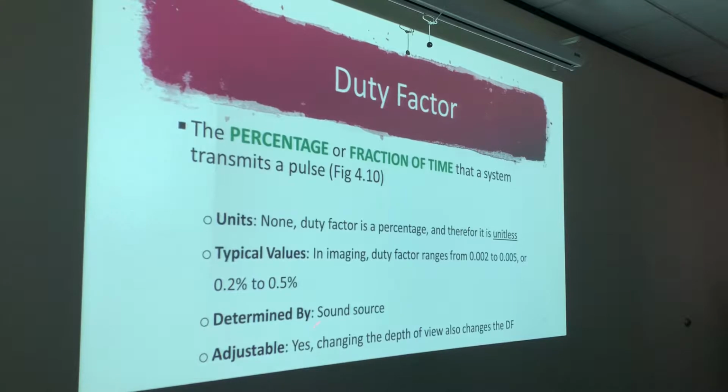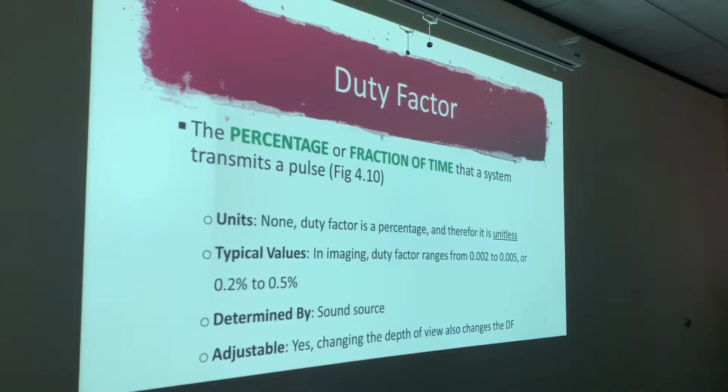That's a minimum of 99.8% listening. It's listening almost all of the time. 99.8% to 99.5% is listening. That's determined by the sound source.